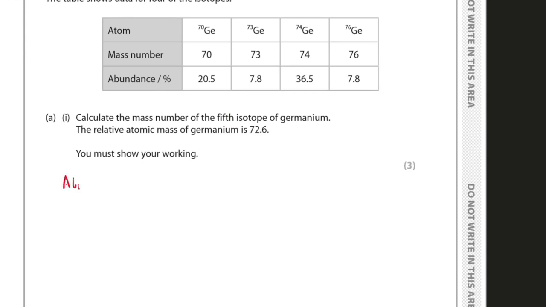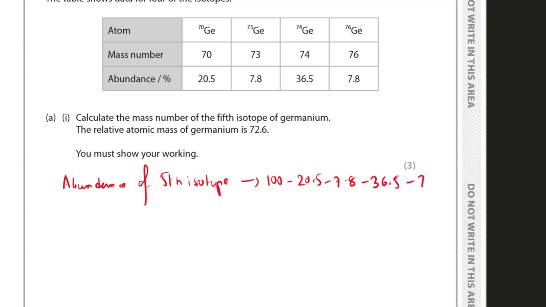So the abundance of the fifth isotope will be 100 minus 20.5 minus 7.8 minus 36.5 minus 7.8. That would give us 27.4% as the abundance of the fifth isotope.